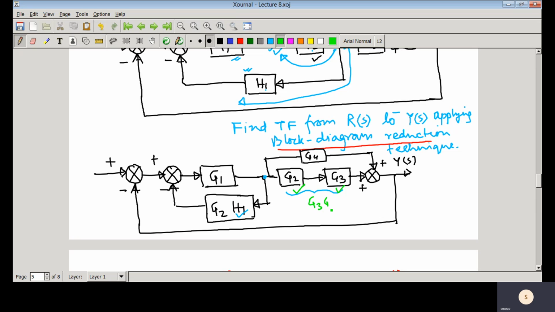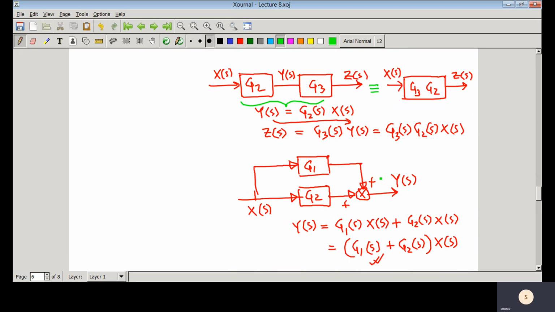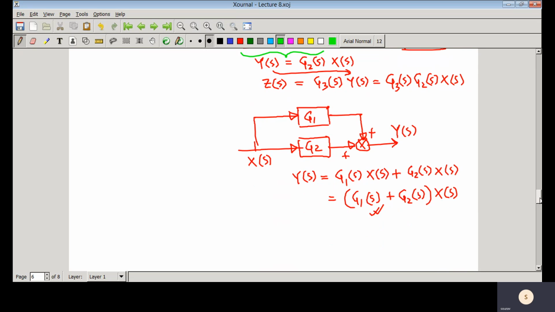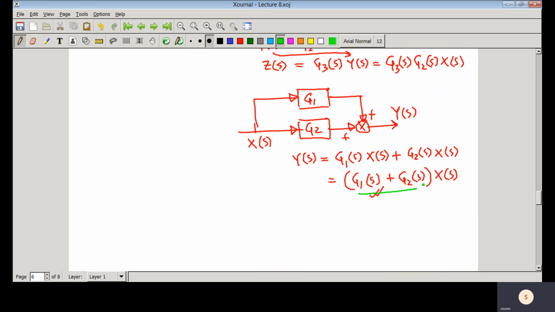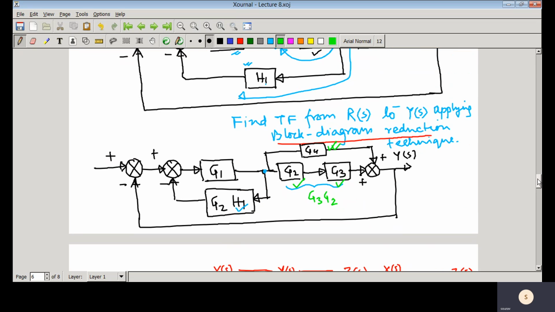So basically you can simplify that, that is G3 G2, and then similarly this G1 and G2 and this particular one are connected in parallel, just like this one. So the effective transfer function would be G1 plus G2. So in this case the transfer function would be G3 plus G3 into G2 plus G4.